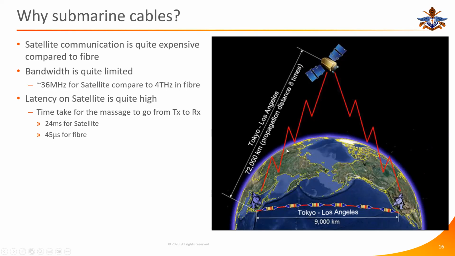It takes 24 milliseconds for a signal to go this route compared to 45 microseconds for the signal to go that route. Now, when I first started studying in England, most of the calls in Sri Lanka were sent through satellite phones.